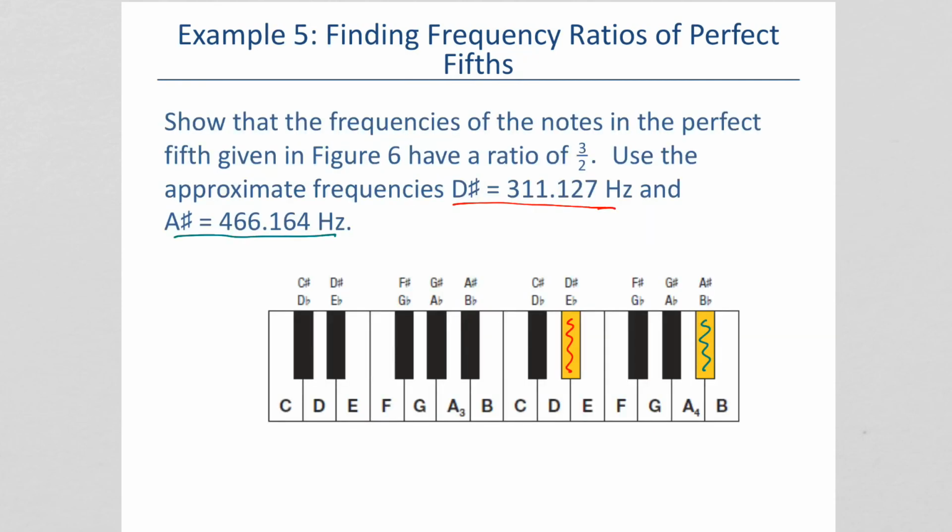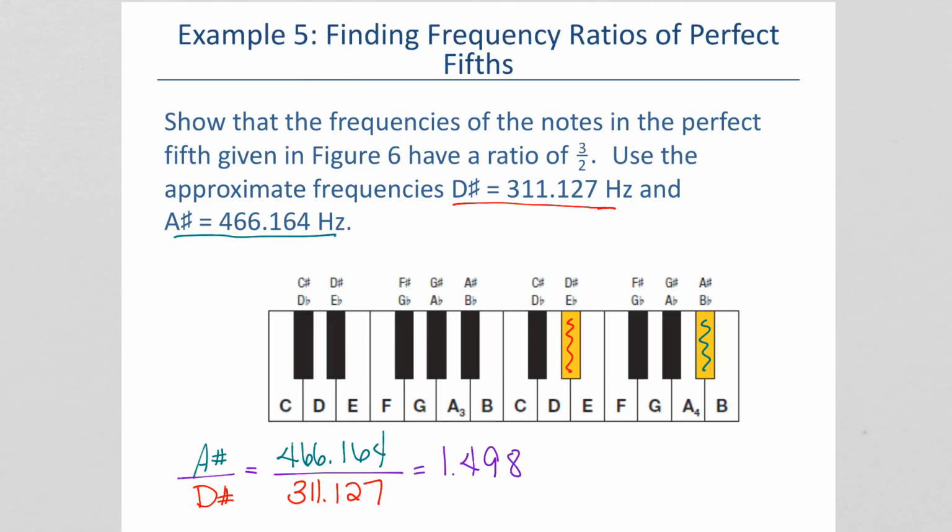And so if we take A sharp and divide by D sharp, that's 466.164 divided by 311.127, you get 1.498377.